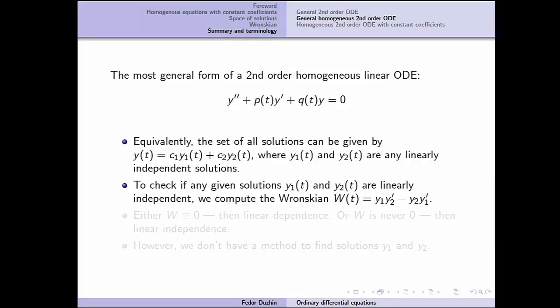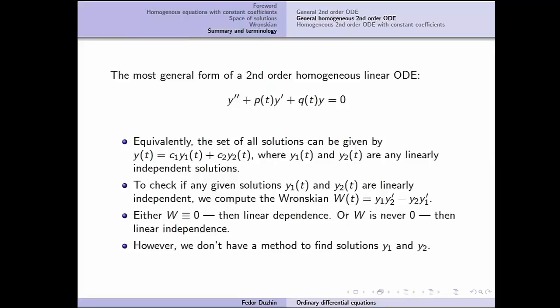But in order to check if two solutions are linearly independent, we need to compute the Wronskian. Because of Abel's formula, either the Wronskian is 0 everywhere, and this is only possible if the solutions are linearly dependent, or the Wronskian is never 0, and then of course the solutions are linearly independent.